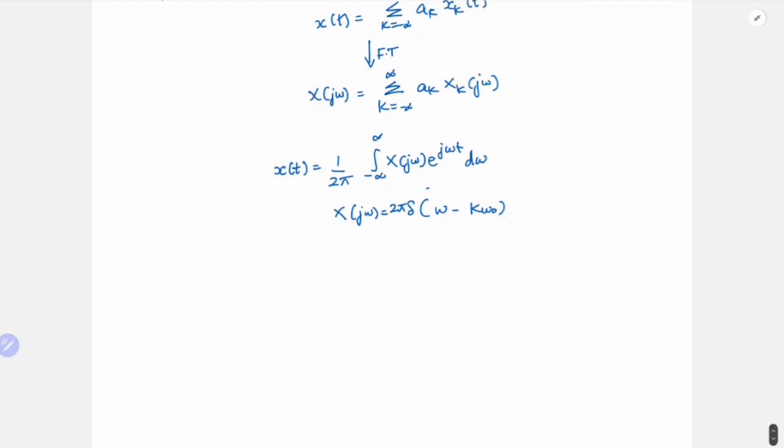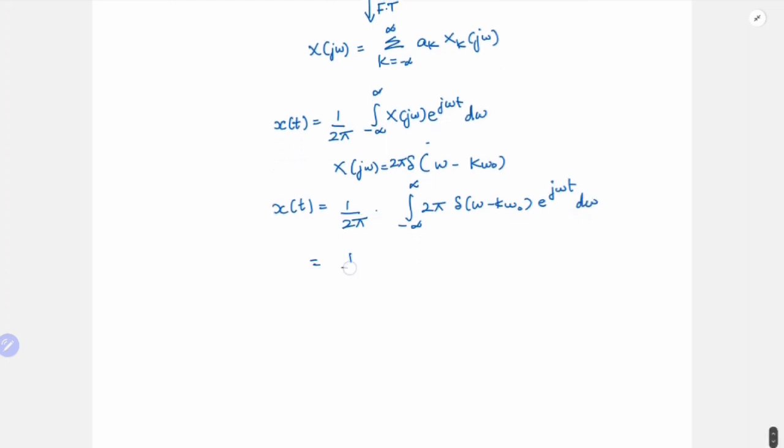So what will this X(jω) give me? 1/2π integral from minus infinity to infinity of 2π δ(ω − kω₀) e^(jωt) dω. The 2π cancels, so I'll get e^(jkω₀t), with ω replaced by kω₀. Everything else goes away.